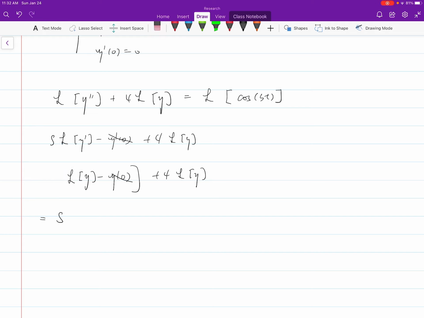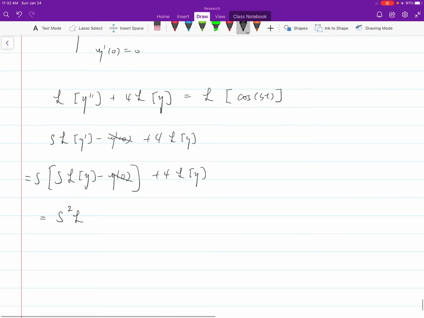See if I can make it up. Yeah, looks nice. Plus 4. Ly equals the right-hand side, and for the right-hand side, we know it's going to be s squared plus 3 squared, which is 9.